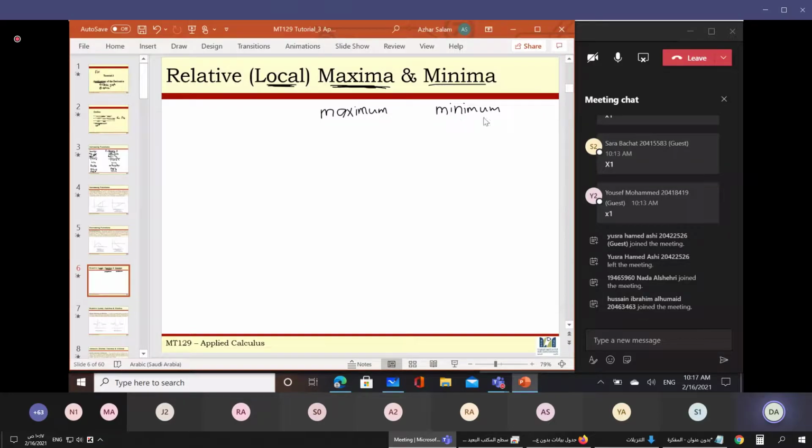Maximum and minimum, I can call them extremum. Extremum means extreme values. When I say extremum, I could mean maximum or minimum. Extreme values, either the greatest or the smallest. Maximum is from the greatest values, and minimum means the smallest values.